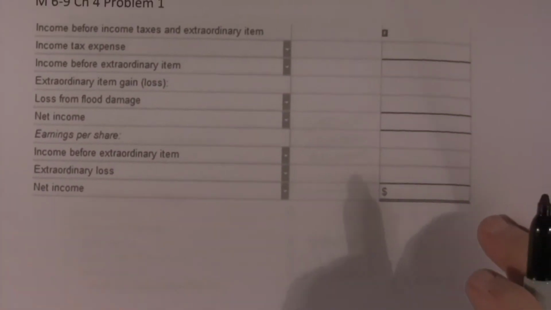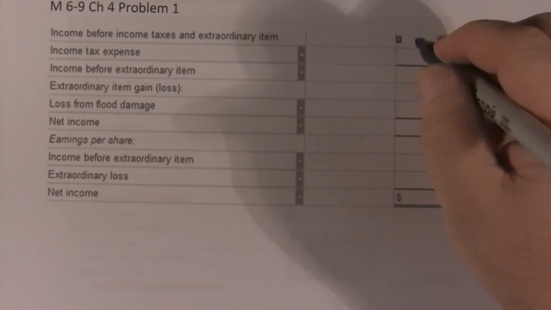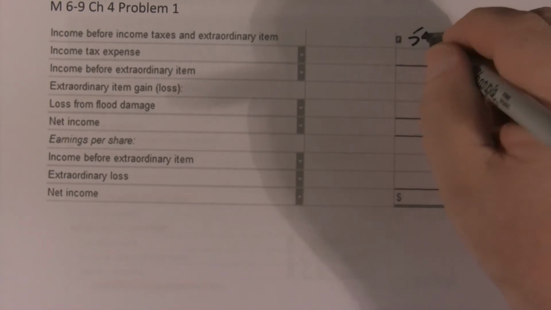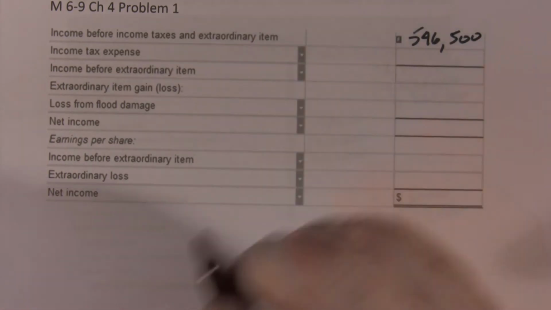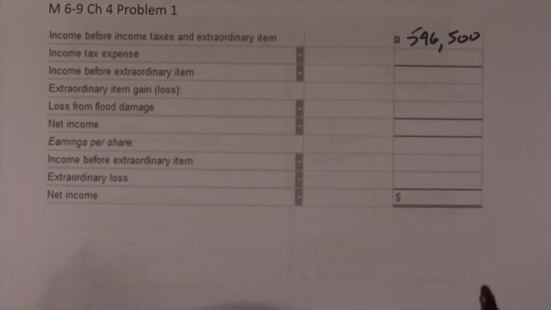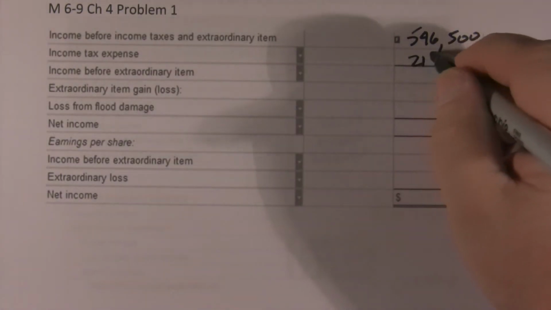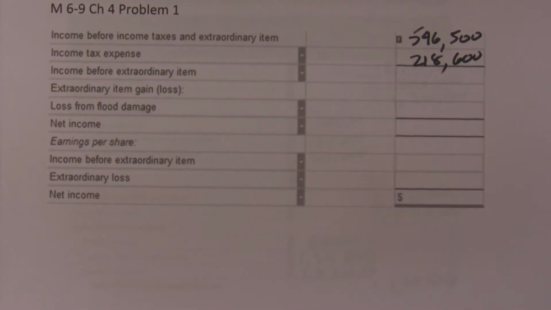And when we do that, we come up with $546,500. I'm hoping that number sounds familiar to you. And we have to come up with our income tax expense, which is 40% of that, which is $218,600.